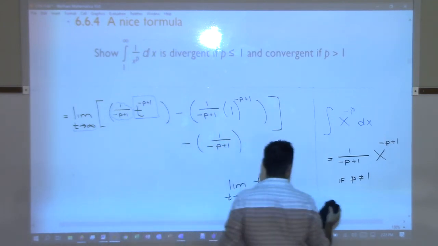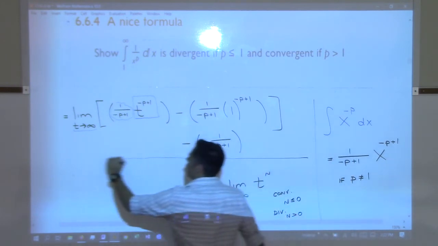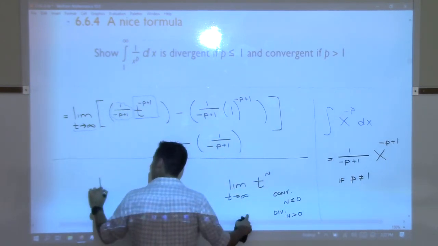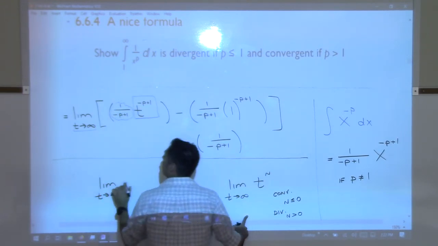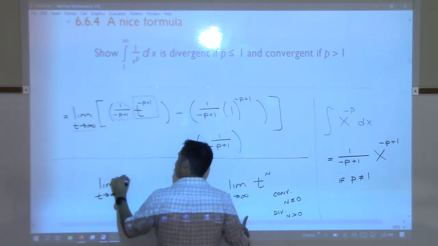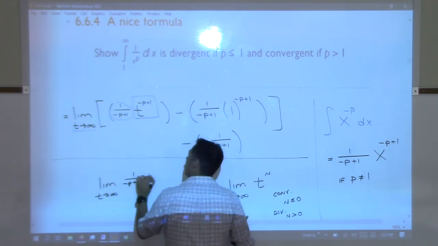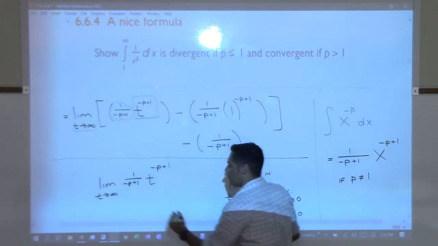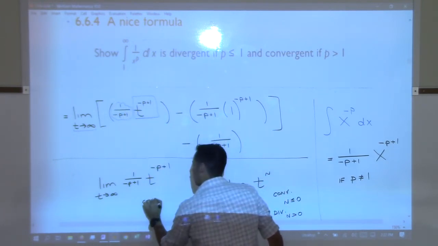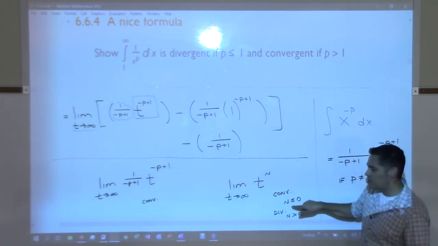I'm running out of room. Okay, I don't want to do anything up there yet. So using this idea on this piece up here, that piece will converge if the power up top is less than or equal to 0.